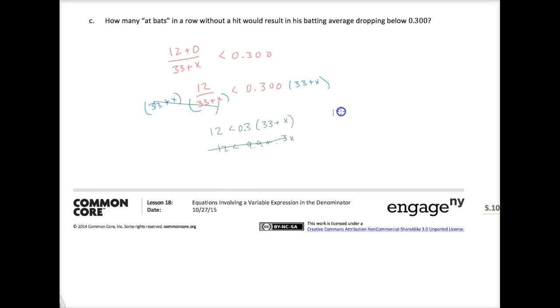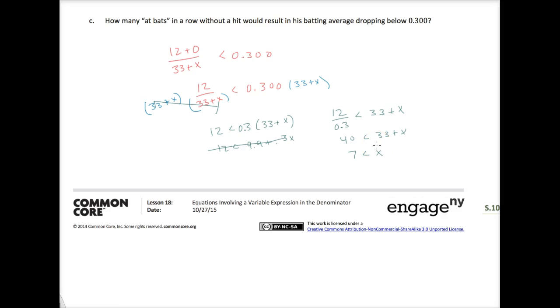I think I'd rather go 12 divided by 0.3. I think that'll be a lot easier. It's less than 33 plus x. And if I do that, what I find out is 40 is less than 33 plus x. And that means 7 is less than x.